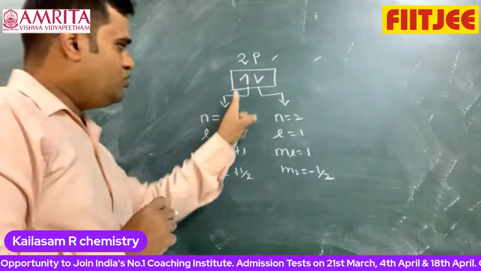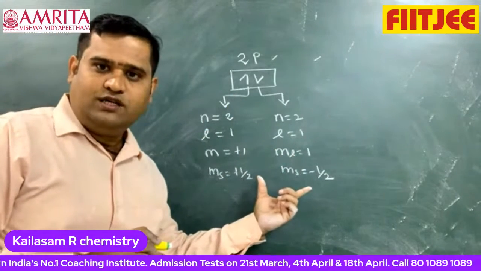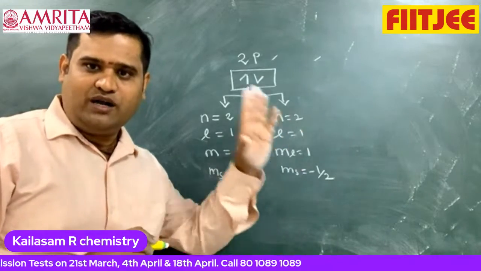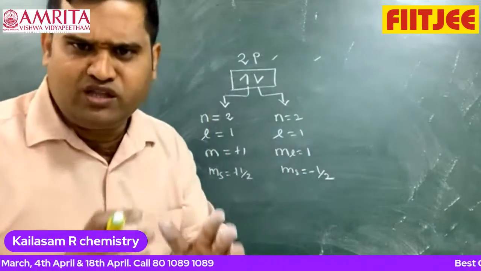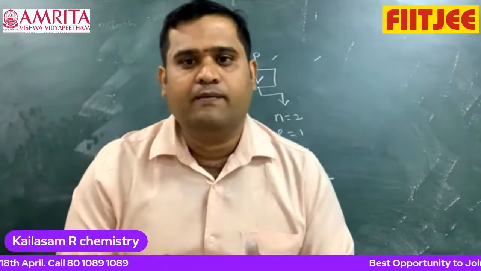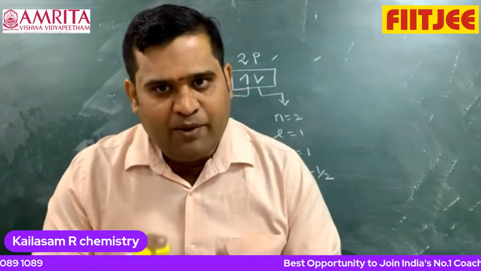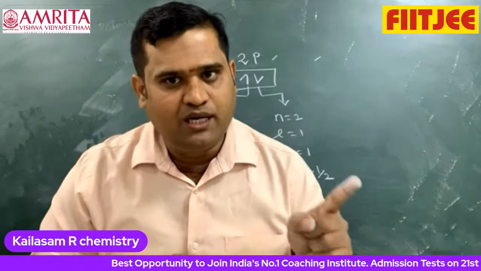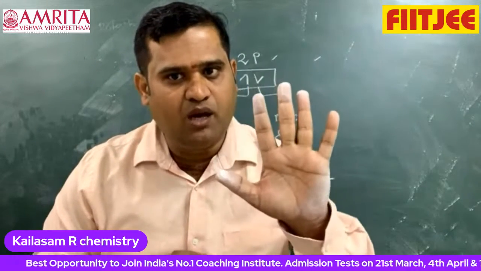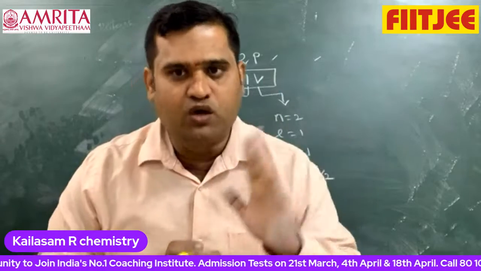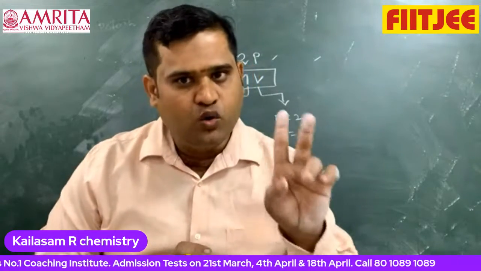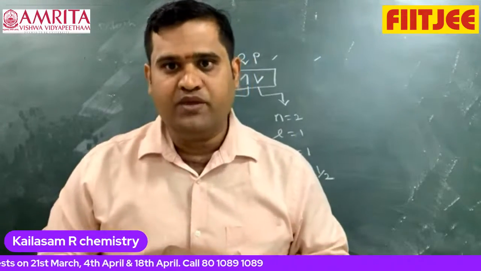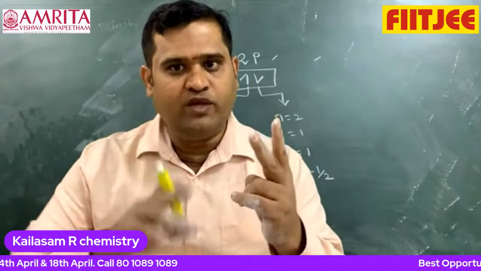That means no 2 electrons can have the same set of 4 quantum numbers. That means the orbital can accommodate only 2 electrons with opposite spin. An s orbital can accommodate 2 electrons, but the p subshell 6 electrons and the d subshell 10 electrons. Why? The d subshell has 5 orbitals, each orbital 2 electrons. A d orbital 2 electrons, an f orbital 2 electrons. If I use the word orbital, it accommodates only 2 electrons with opposite spin.